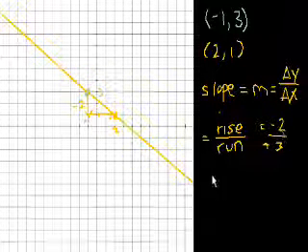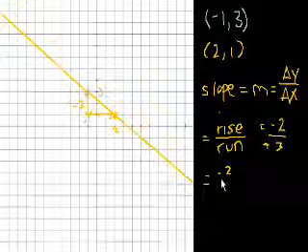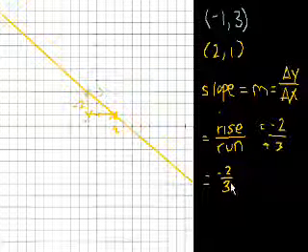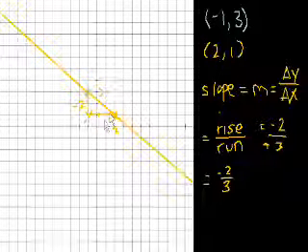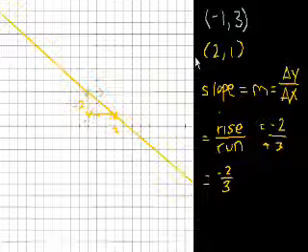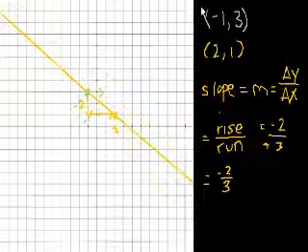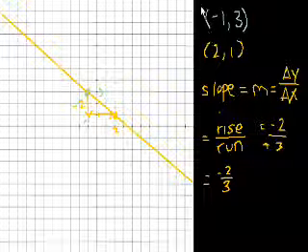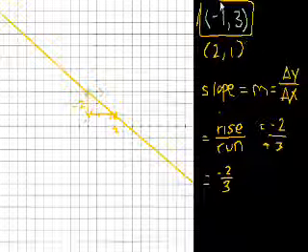So rise divided by run is equal to -2 over 3. Well, how would we do that if we didn't have this nice graph here to draw on? Well, what we can do is say, let's take this as the starting point.